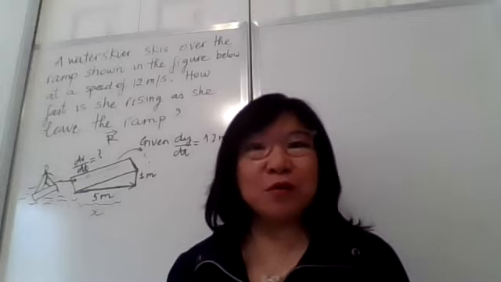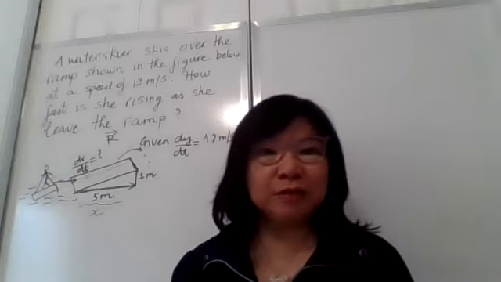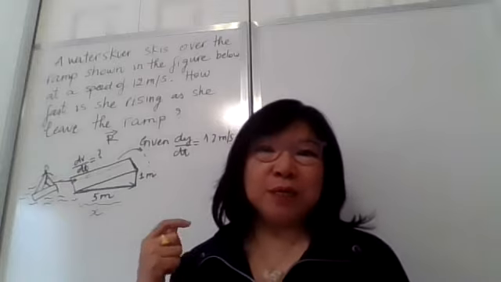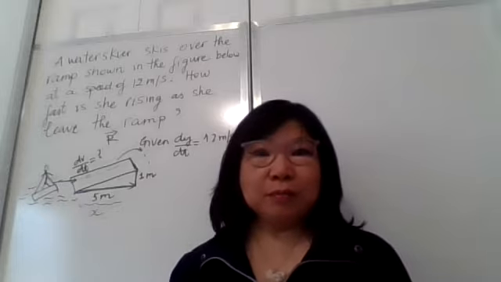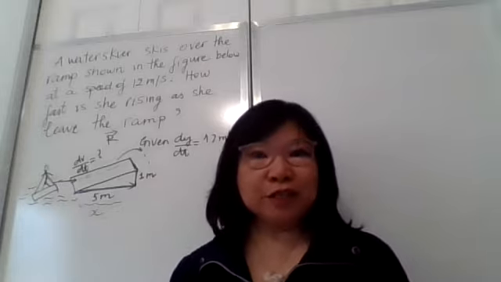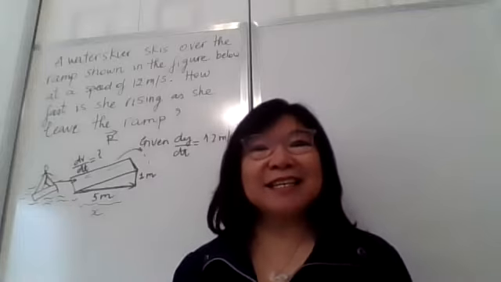In this video, I will talk about the application of derivatives. There will be one word problem to solve today. This word problem is an application of our derivative in physics.